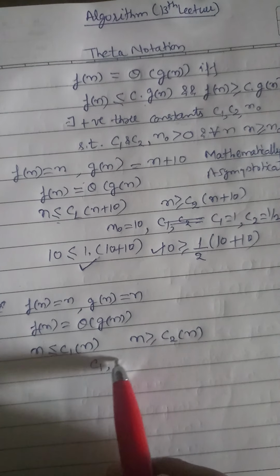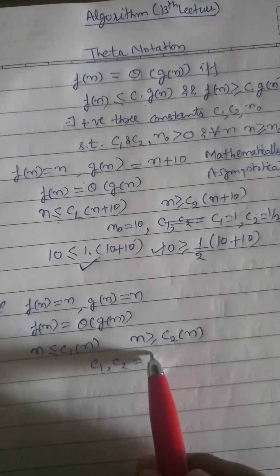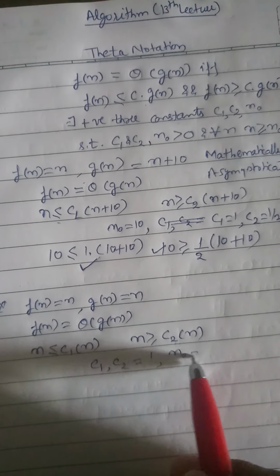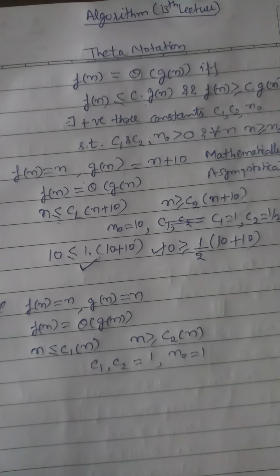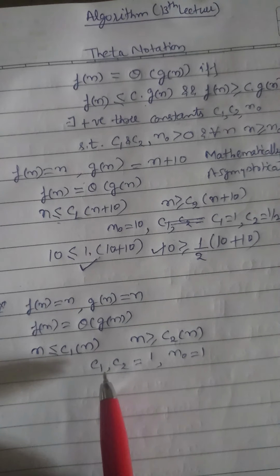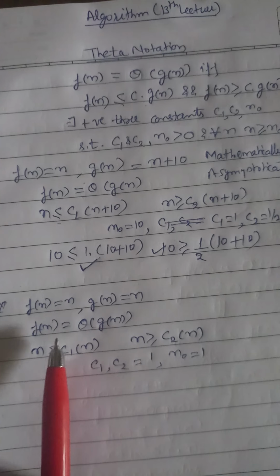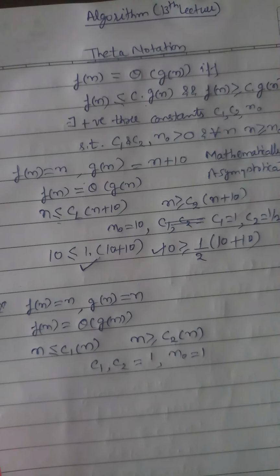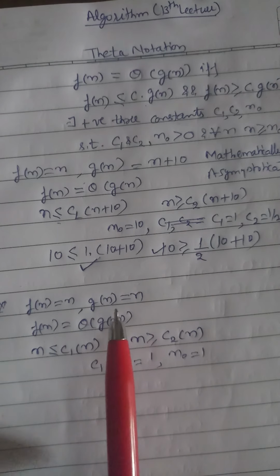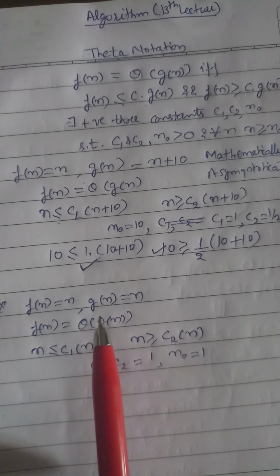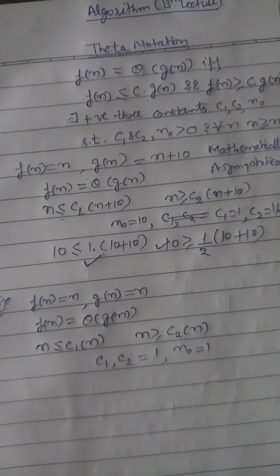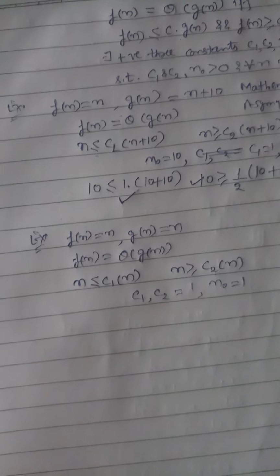If we put c1 and c2 as 1 and n0 as 1, then this proves that f(n) is equal to theta g(n). So this is mathematically equal and asymptotically equal. Now move to the next example.